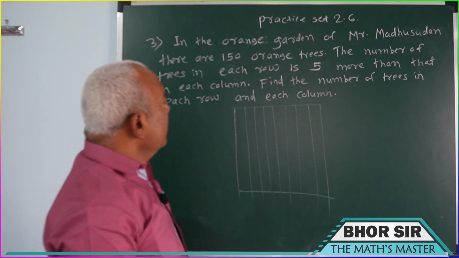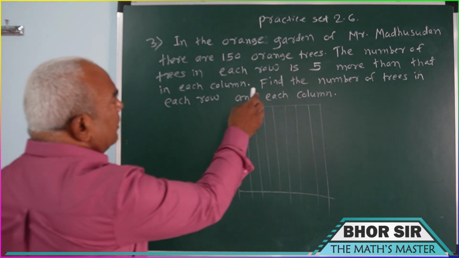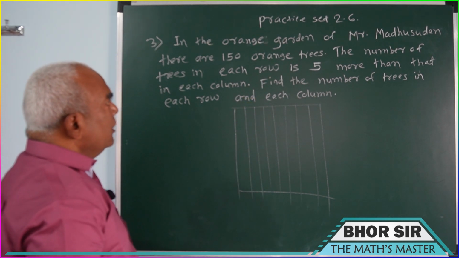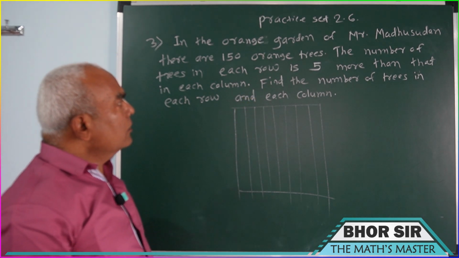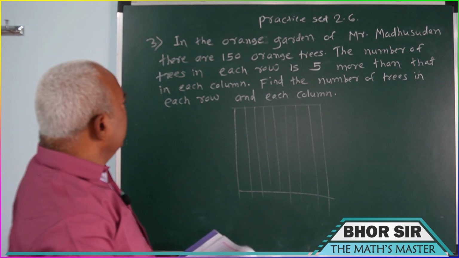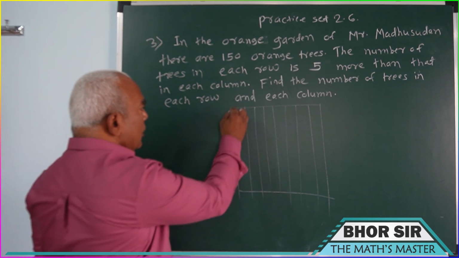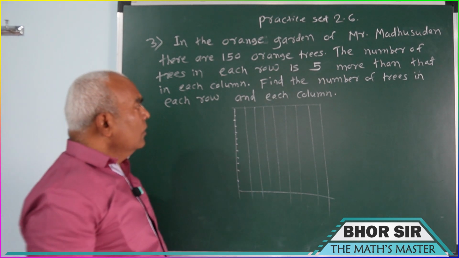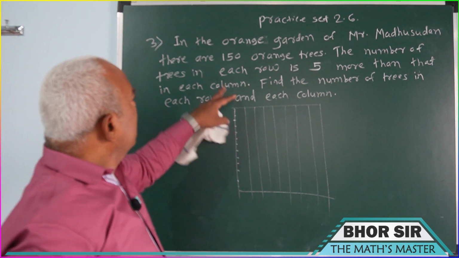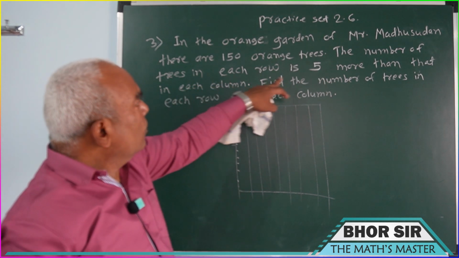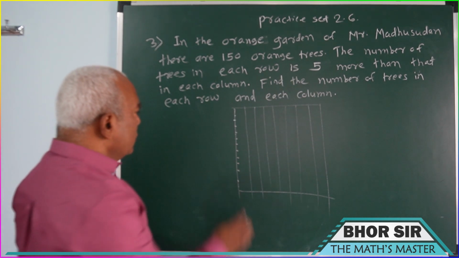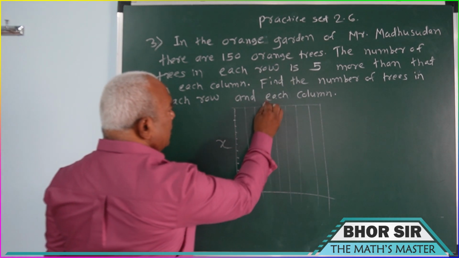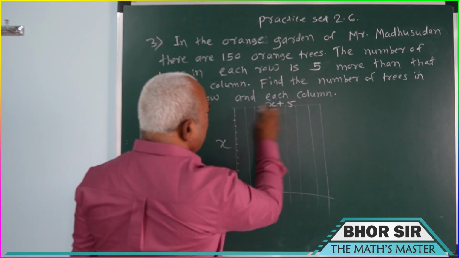Now see here. What they say is that the number of trees in each row is 5 more than that in each column. Means if there are x trees in each column, then the number of trees in each row is 5 more, so there will be x plus 5 trees.